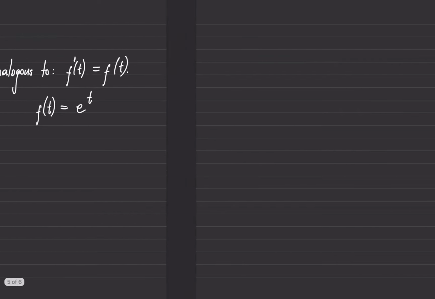Now, one more thing. If x bar 1 of t is a solution, and also x bar 2 of t is also a solution to this equation, suppose these two individually solve this equation.